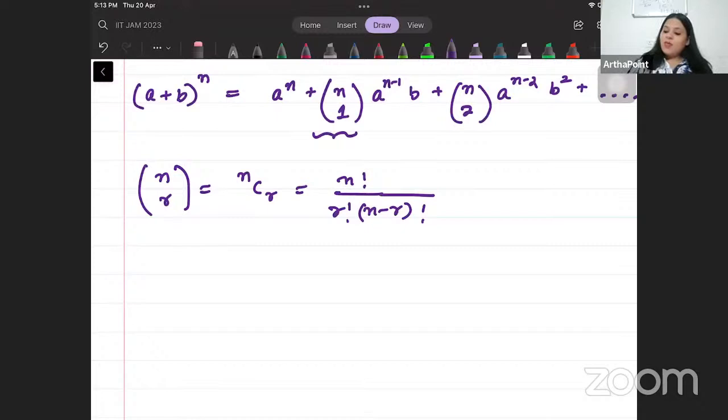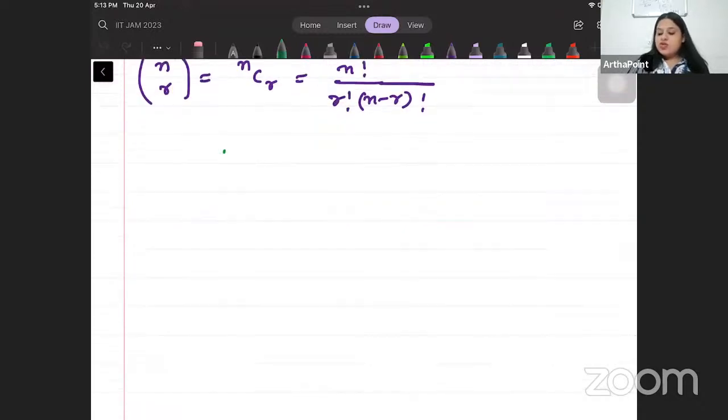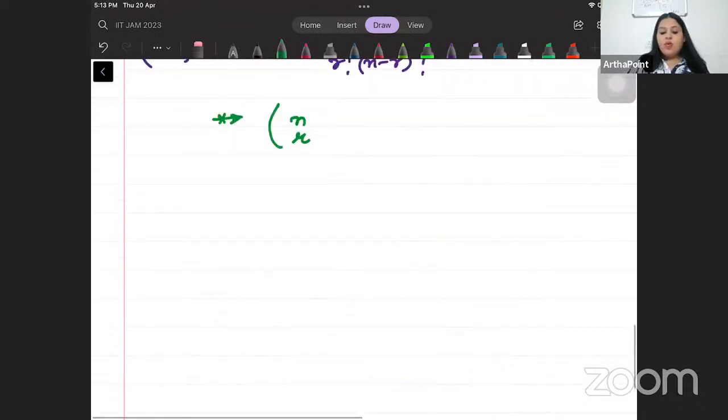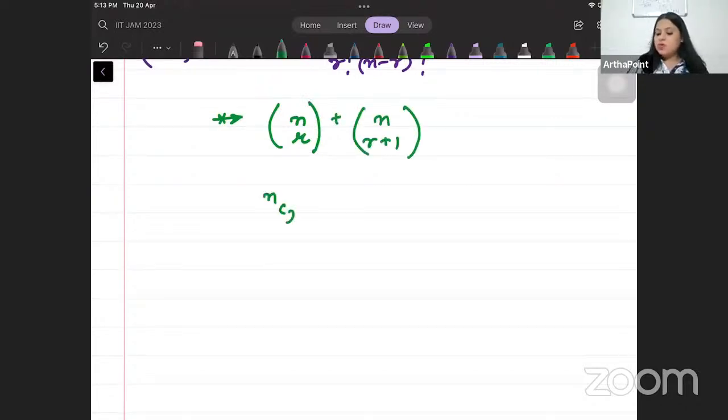Acha, one more thing I want to highlight here. This is used in many questions, you should remember this. Sometimes you are asked to open nCr plus nC(r plus 1). Suppose n is 5: 5C2 plus 5C3.